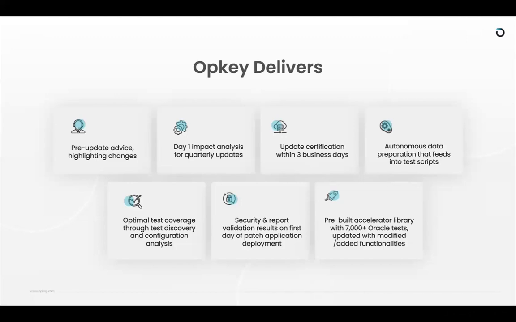Because of this partnership, one thing that we do with our existing customers is deliver pre-update advice, right? So an advisory document. This typically hits our customer inboxes about 3 weeks before the first weekend of the first cohort of any given quarterly patch. So if you're in cohort 1 of 24D, starting in October, everyone already has received that patch advisory document.